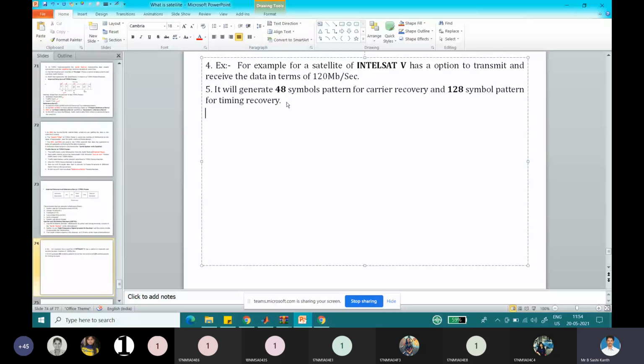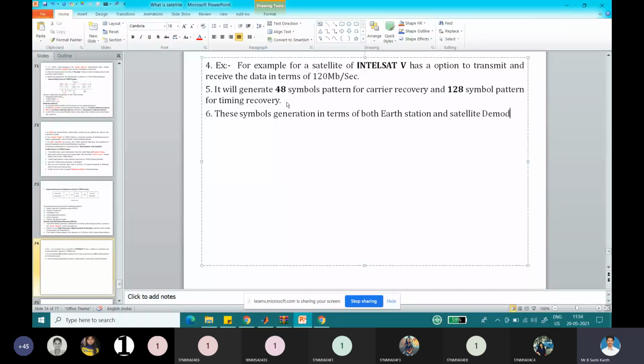These symbols are generated in both earth station and satellite demodulators and transponders.